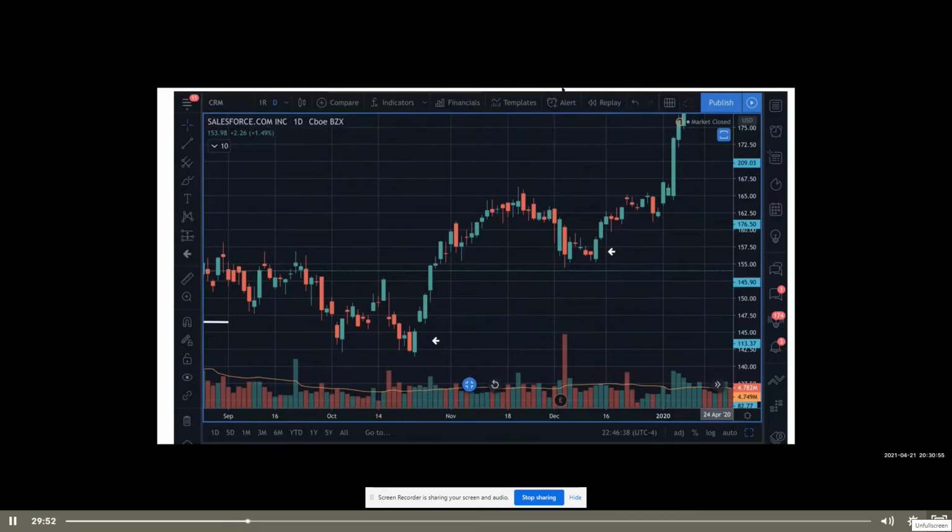If I was to draw this line going straight across, I would get a nice line, like something like this, right? Boom. And as you can see, it's bouncing off of this line. And then next thing you know, it ends with a bullish engulfing, and then it takes off. And then here too, bullish engulfing, takes off. Once Pac-Man gets a hold of it, it's a wrap, right? So that's kind of how you got to think of bullish and bearish engulfing patterns.